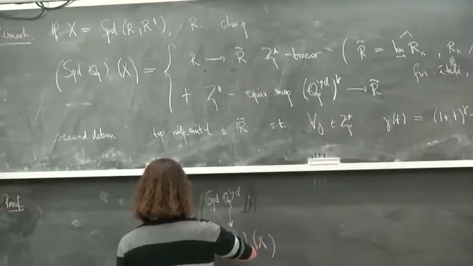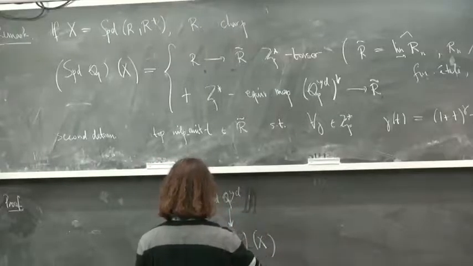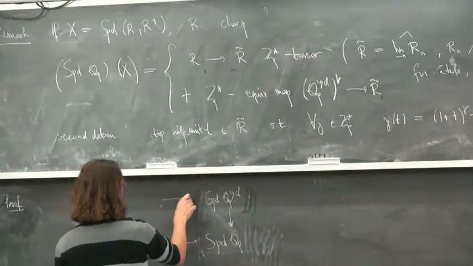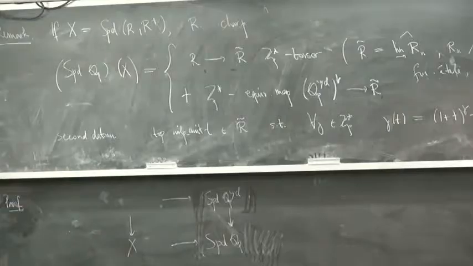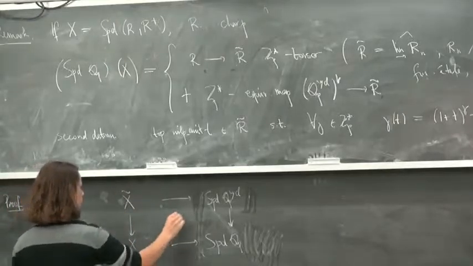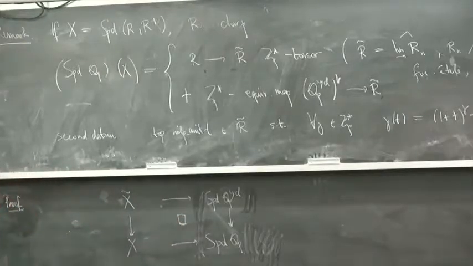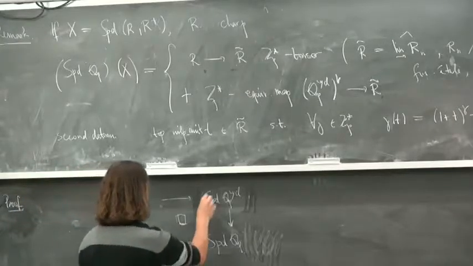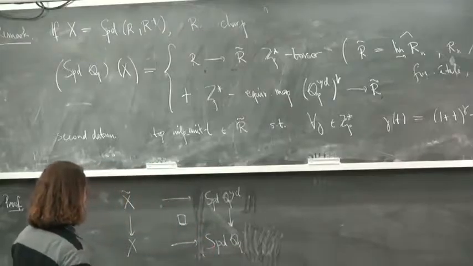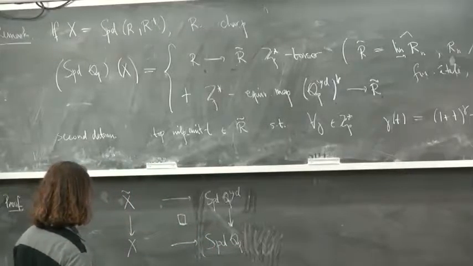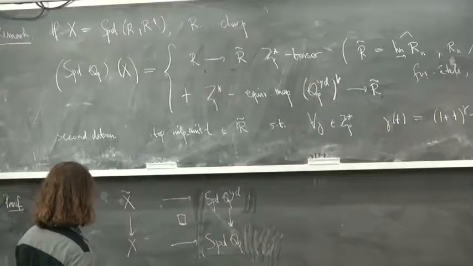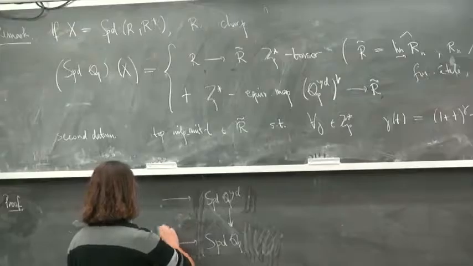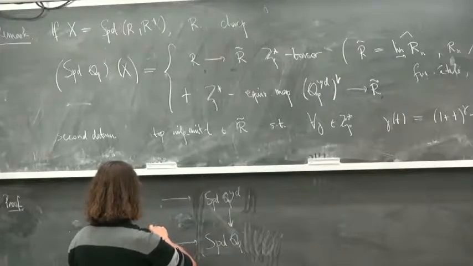So you have a surjection. Because X tilde is a priori just not an honest space. Yeah, it's a diamond.